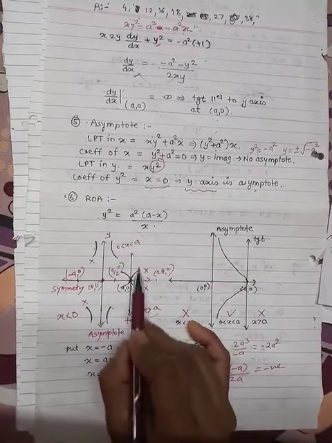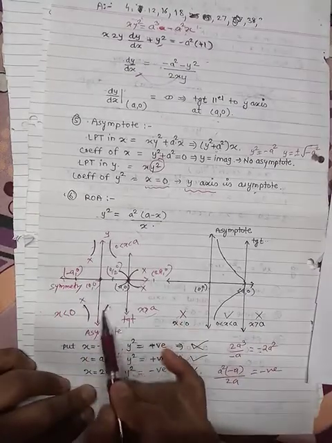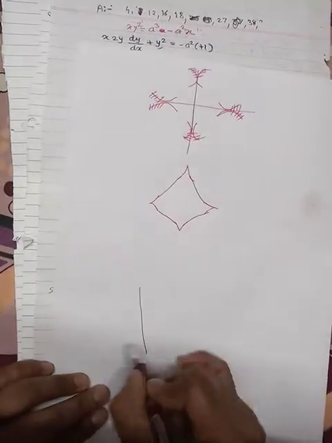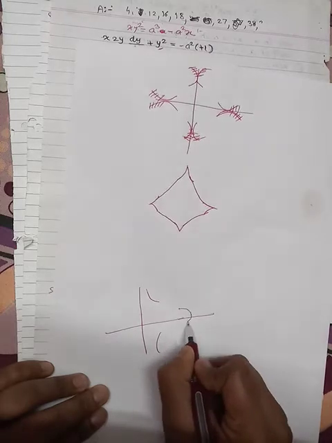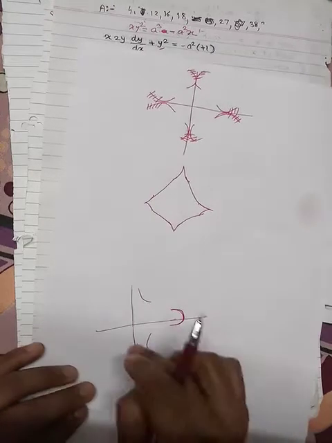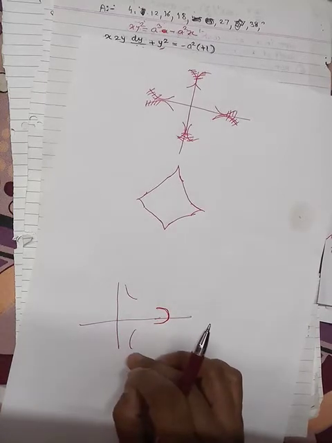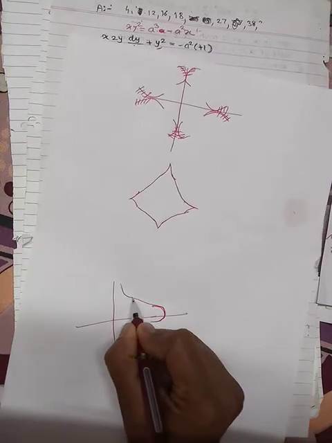So skip this part. The final parts we get are this and this. These final parts we get by checking the region of absence partition-wise, and to get the final curve we have to join this.